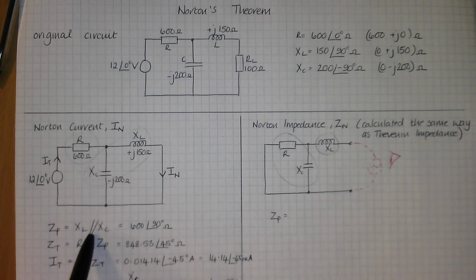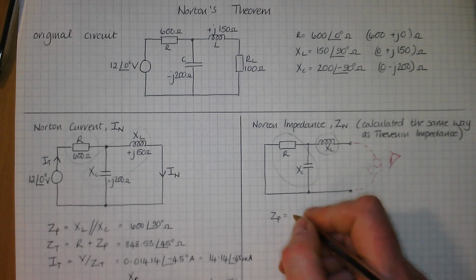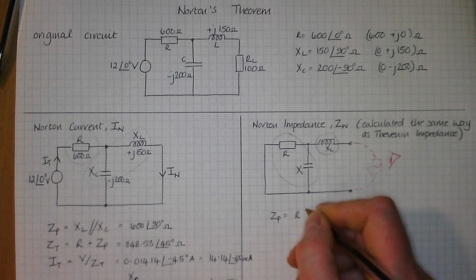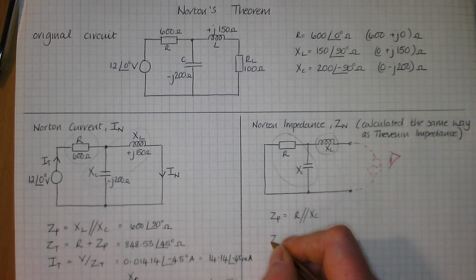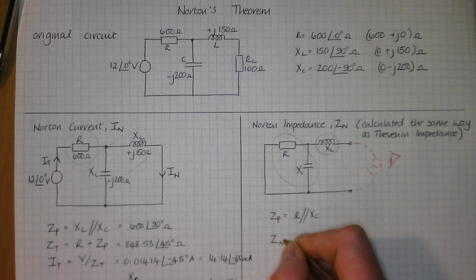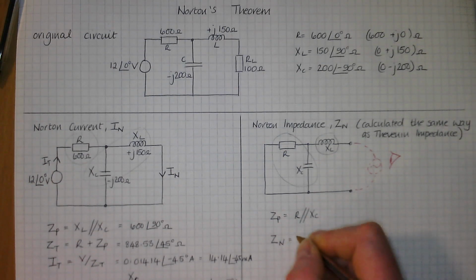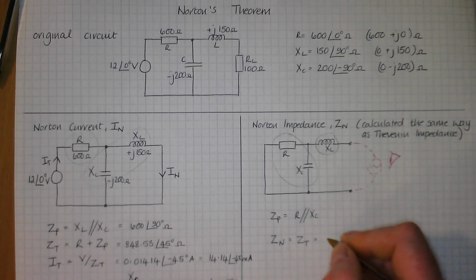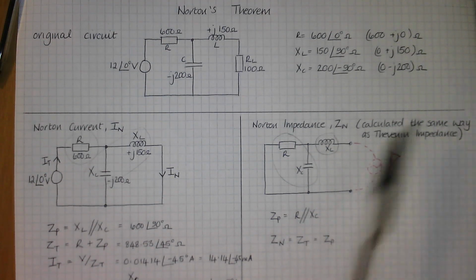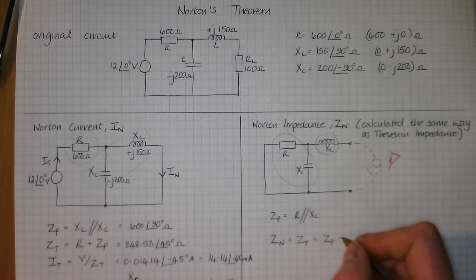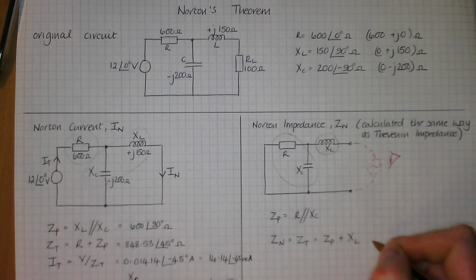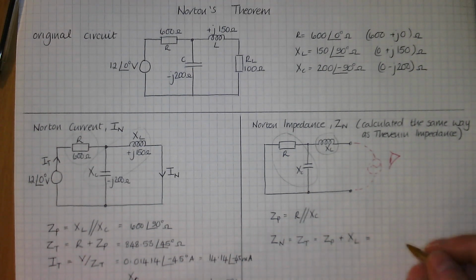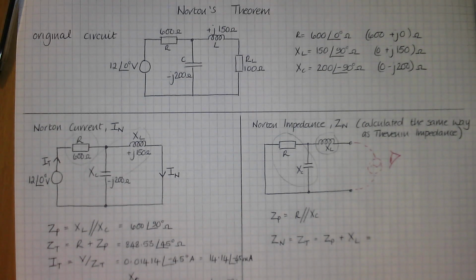It's not the same as that ZP, so you can't just copy it across, because it's now this R in parallel with XC. And then your Z Norton, which is the same as your Z total, is going to be that ZP, the one in this half, added on to your XL. And that would be your kind of two stages to get that.